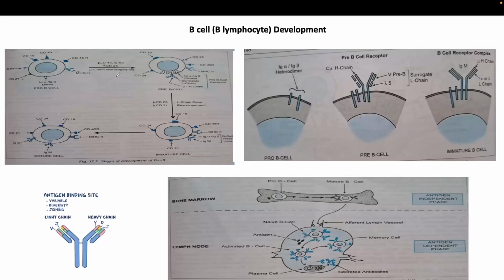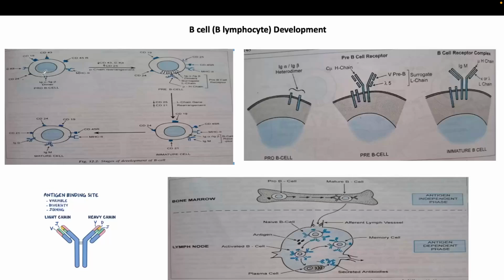Then the mu chain rearrangement takes place. The mu chain rearrangement means the heavy chain, because in the antibody classes we have seen that the antibody name is given based on its heavy chain. So the mu chain will give rise to the IgM antibody.